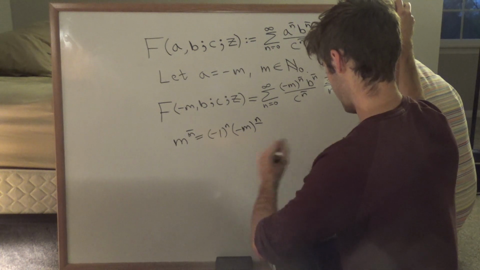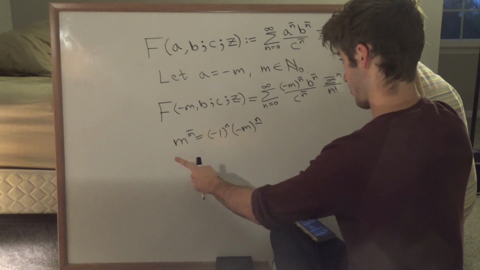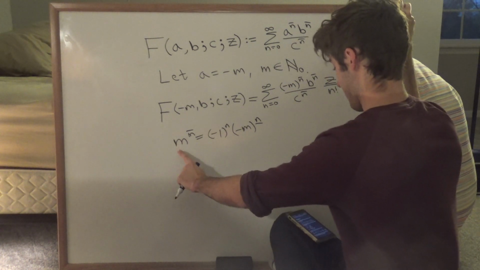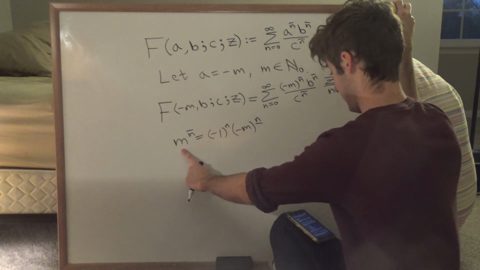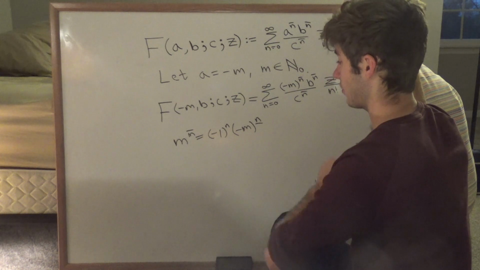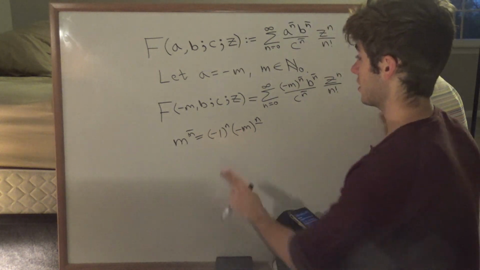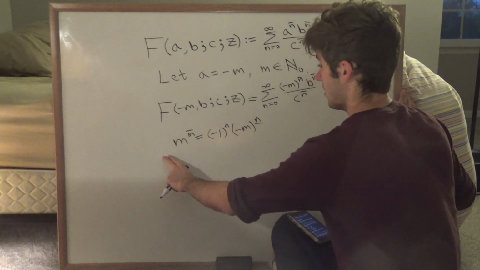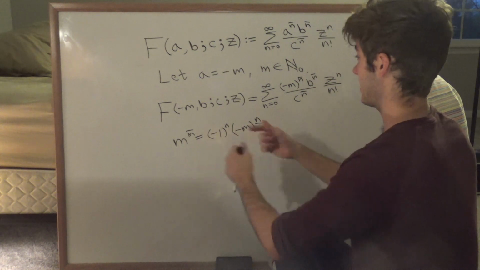And likewise, you can swap those two: the nth falling factorial of m is equal to -1 to the n times the nth rising factorial of -m. So essentially you just multiply that over and plug in -m, and you see that they can be swapped like that.